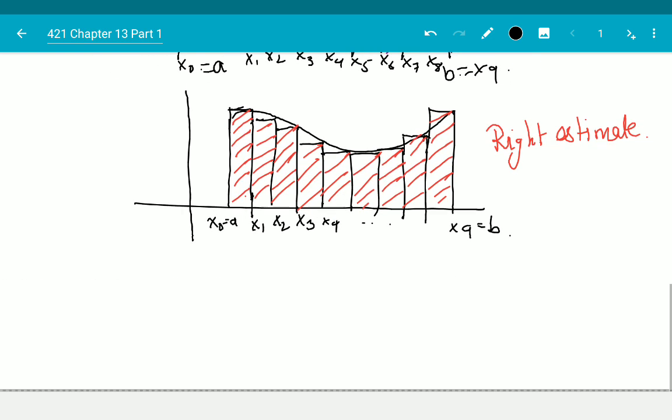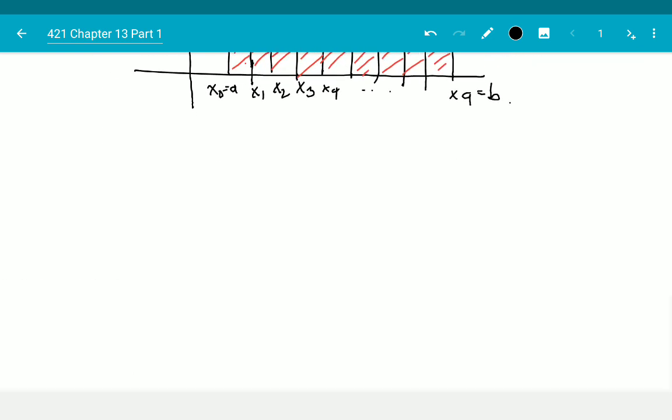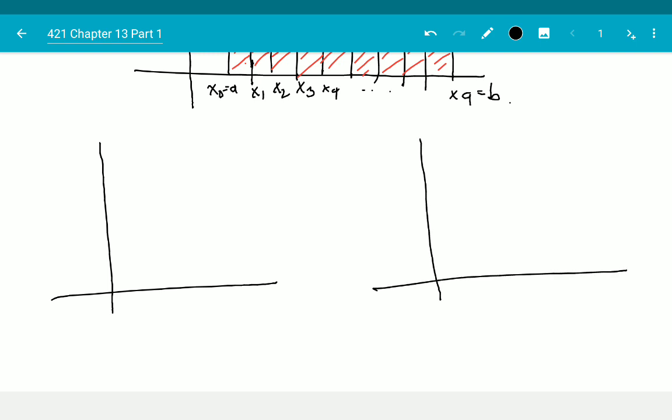I would like some way of figuring out which estimate does better. And the trick is, great, if I just want to know which of my estimates is more or less, what I can do is I will say I am always going to look at the thing that gives me overestimate instead of underestimate.